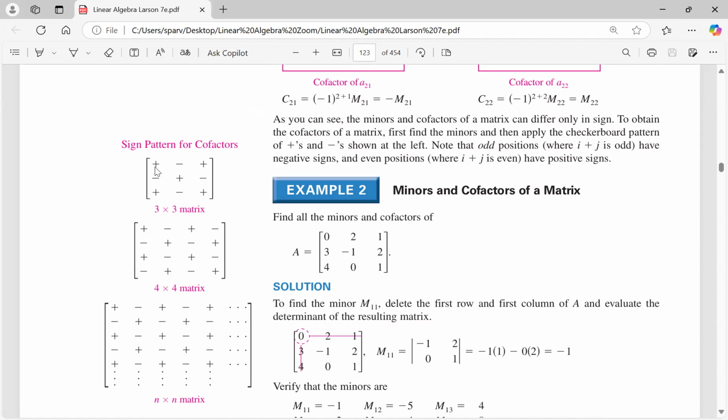That's why it's positive. So it's going to be plus, minus, plus. And then the next one, minus, plus, minus, and then plus, minus, plus. So the signs alternate, and you can extend it to 4 by 4 to n by n. So he's just showing you the signs. This is just the coefficient, -1 to i plus j, that he's shown us.